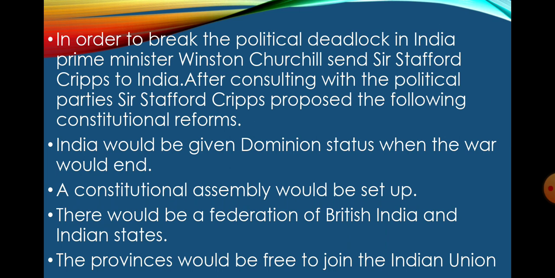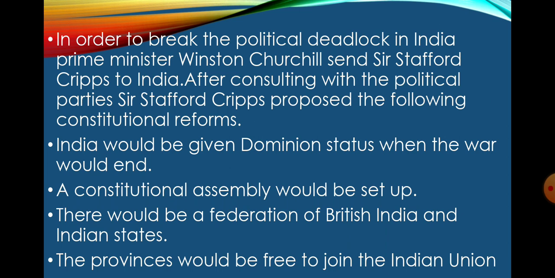His duty was to make some constitutional reforms in India after consulting with the representatives of various political parties and thereby solve the political deadlock in India. He came to India and met the representatives of the Indian leaders. Indian leaders means the leaders of the Indian National Congress, the leaders of the Muslim League and the leaders of the Hindu Mahasabha.